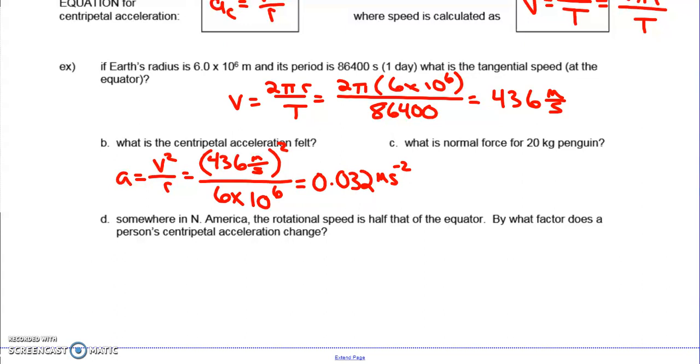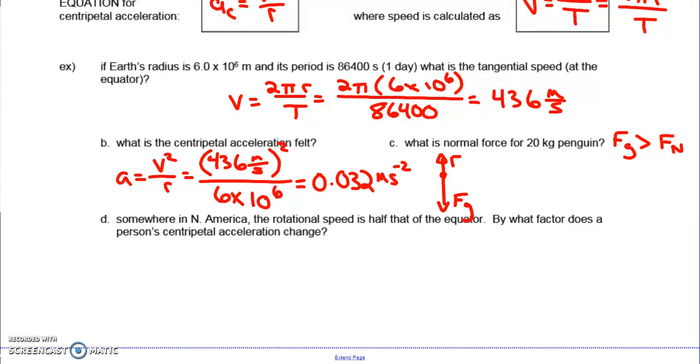If I want to know the normal force on that 20-kilogram penguin, I first want to draw a free body diagram. What we said before is that the force of gravity must be greater than the normal force in order to accelerate inward. So let's draw my free body diagram to show that. There's my force of gravity.